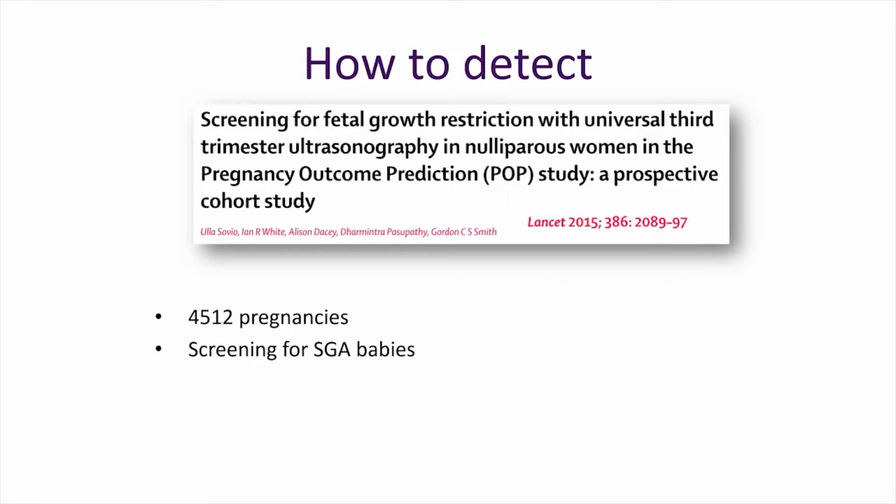So they looked at 4,500 pregnancies, and in these pregnancies they all underwent normal care, so that if the fetus was thought to be small based on clinical grounds, selective ultrasounds were organised as we would do in Melbourne. But what they also did is that they did 2 routine scans in all of these pregnancies at 28 weeks and 34 weeks gestation, but the results of the scans were blinded.